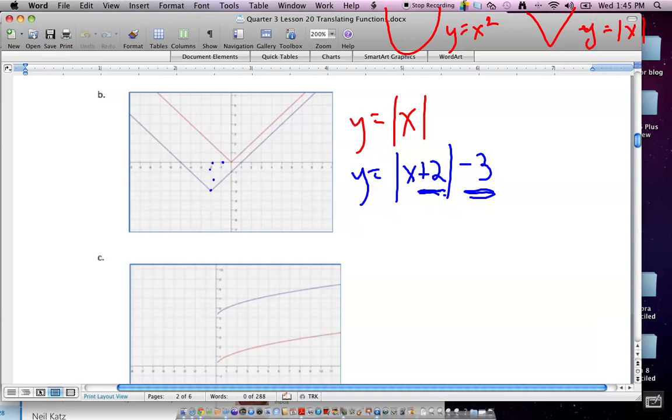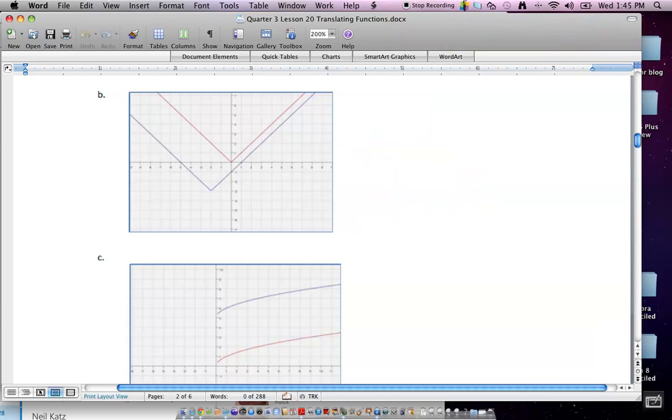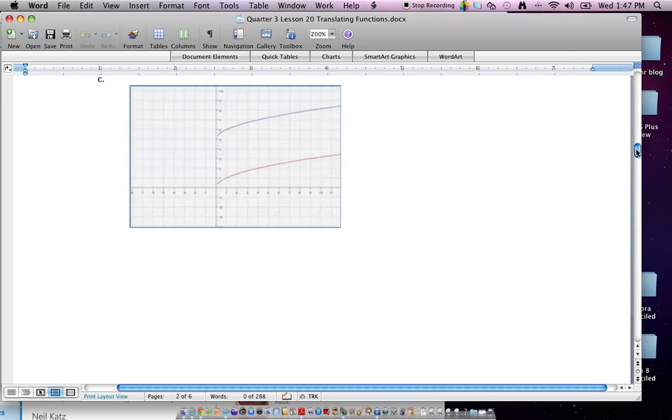Now let's take a look at the next graph, and we did this graph in class yesterday. Does anybody remember this graph? What is it? Square root of x, good. So the parent function, the guy that everything's based on, is y equals the square root of x. Now, that parent function has been translated. It has been moved, it's slid.